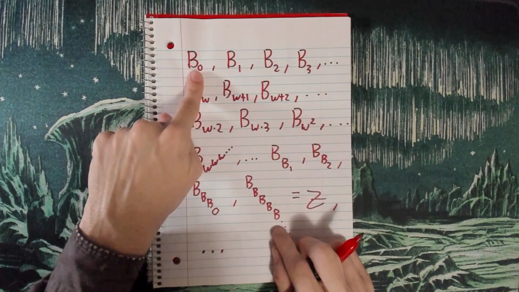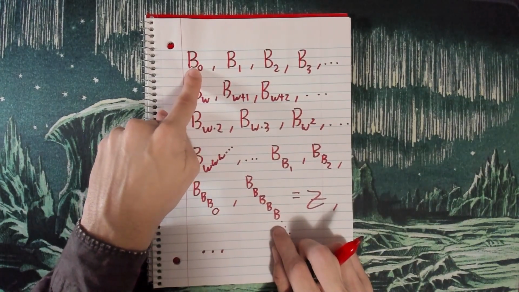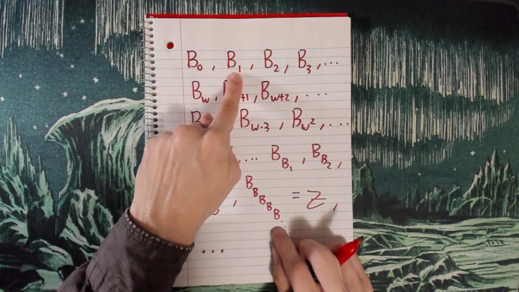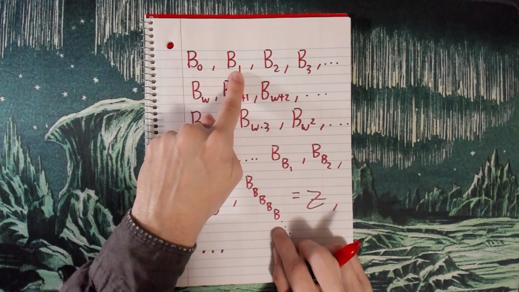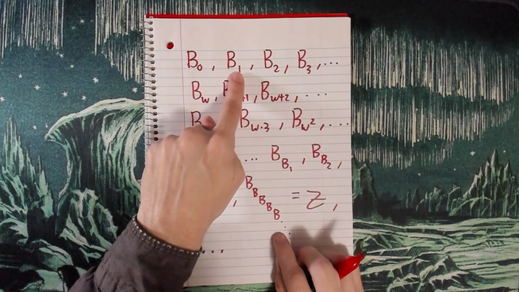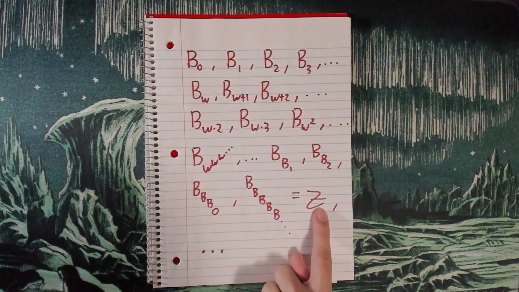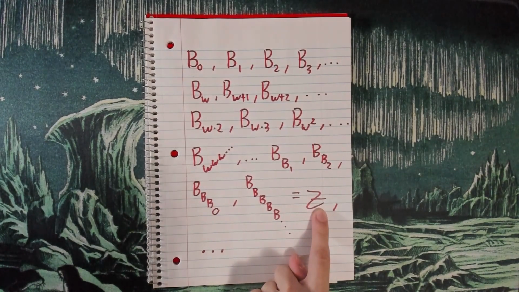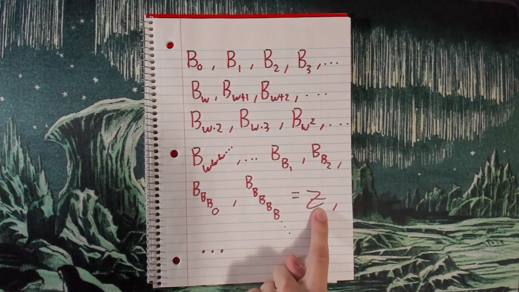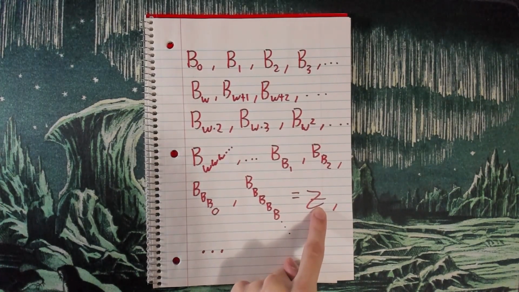So are there b sub 0 Beth numbers? Well, no, there's more than that. Are there b sub 1 number of Beth numbers? Well, no, there's more than that. Maybe z number of Beth numbers total? No. There are more Beth numbers than any Beth number can measure.